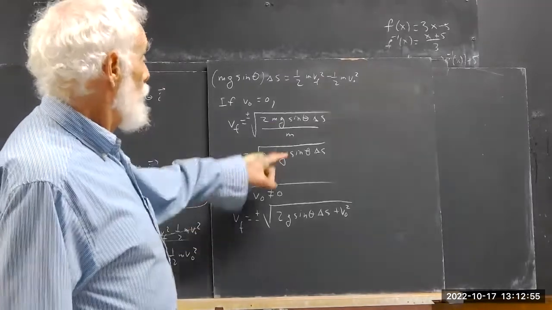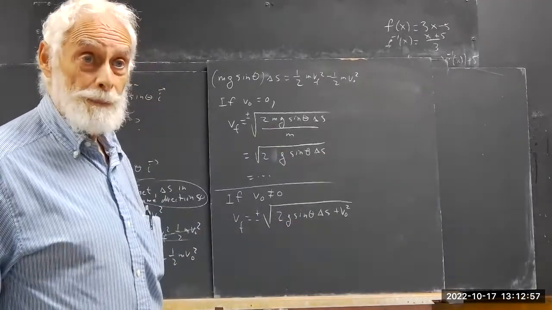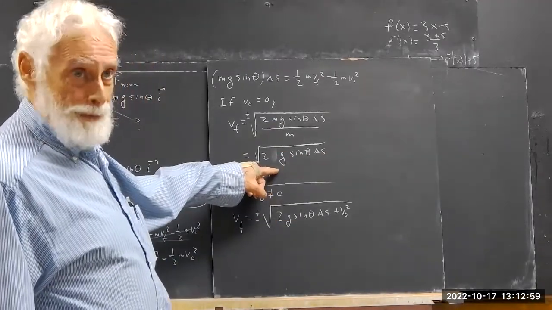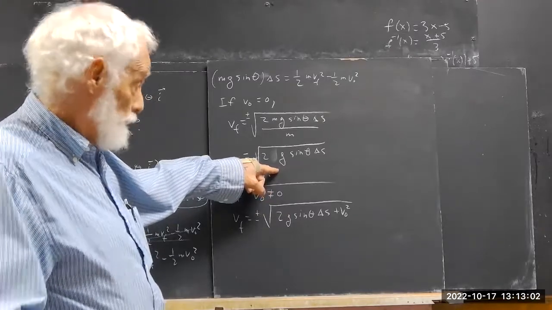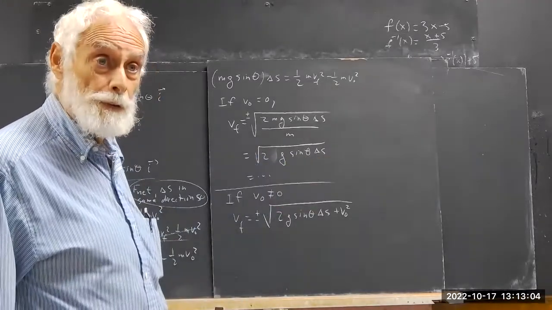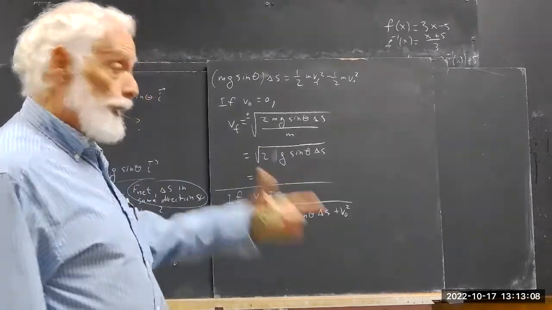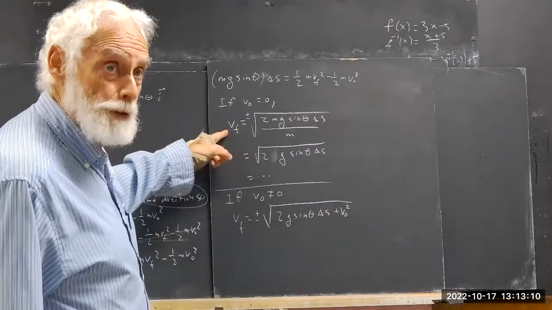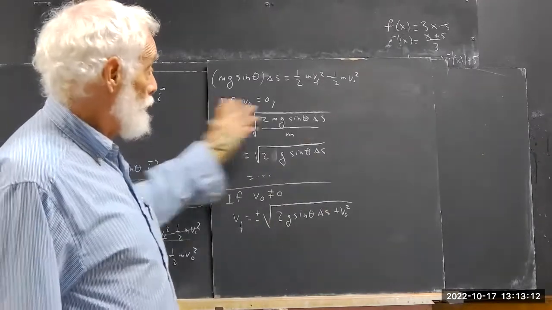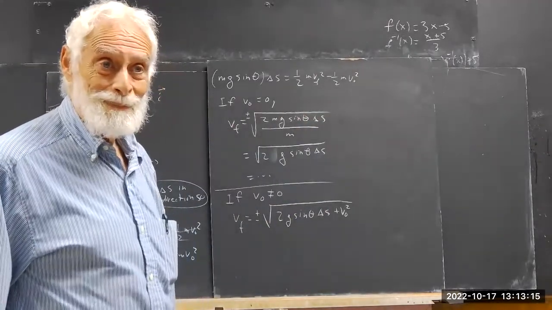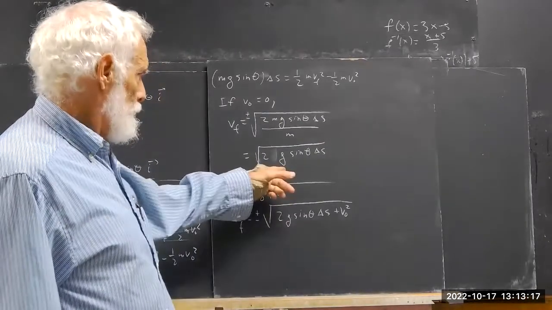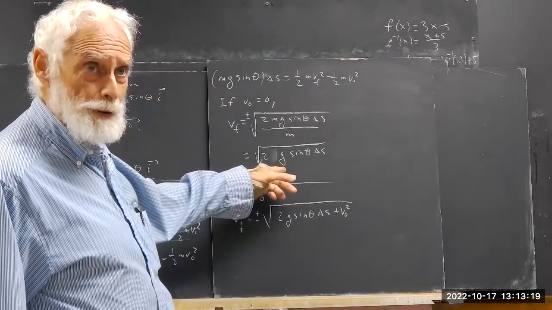We only have two quantities here that have dimensions. You've got G, which is in meters per second squared if you use SI units, and delta S in meters. So you have meters squared per second squared. And the square root of that is meters per second, which is a unit you need to have. So now you don't have to write down a bunch of units. Although you probably want to use units when you plug in here, just to be sure.